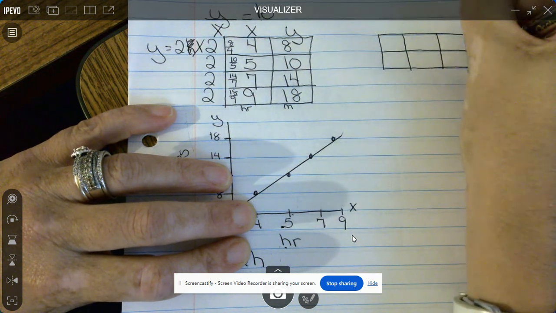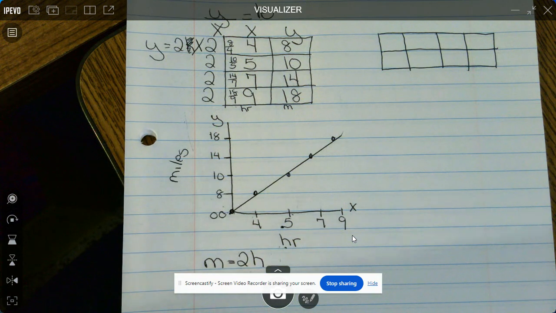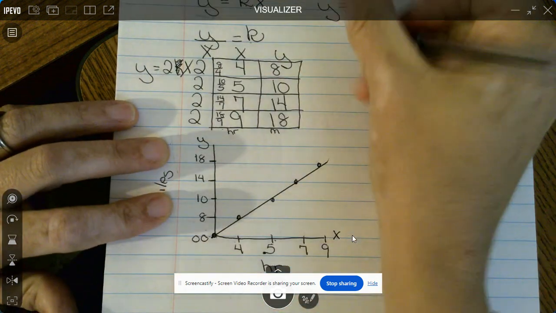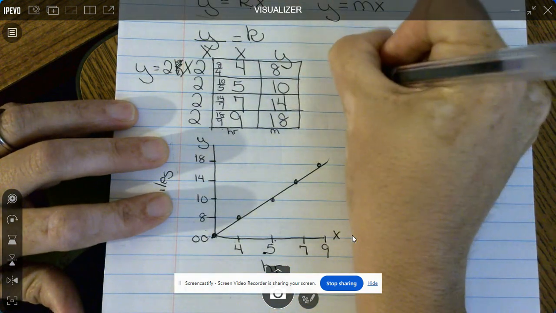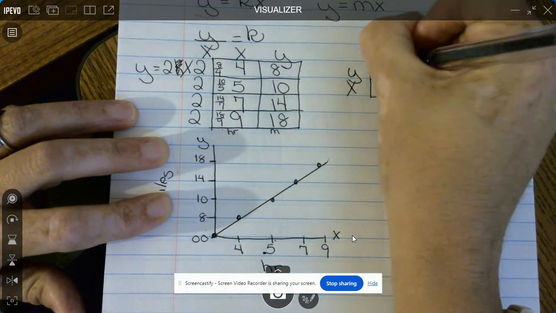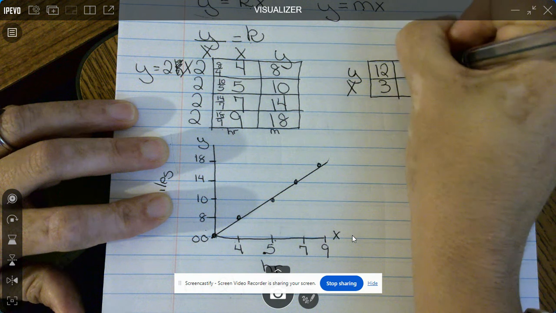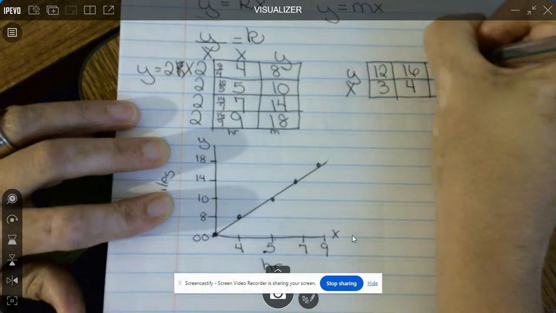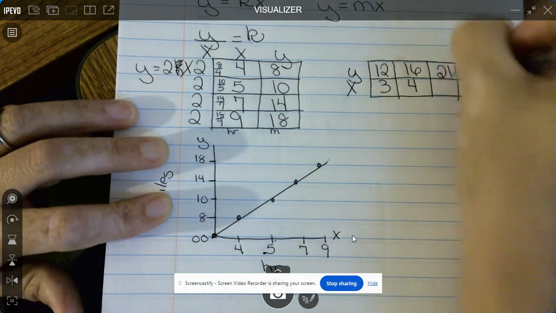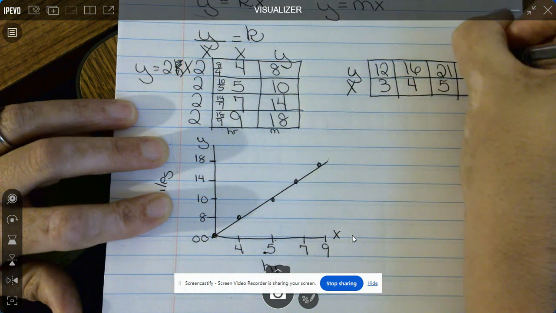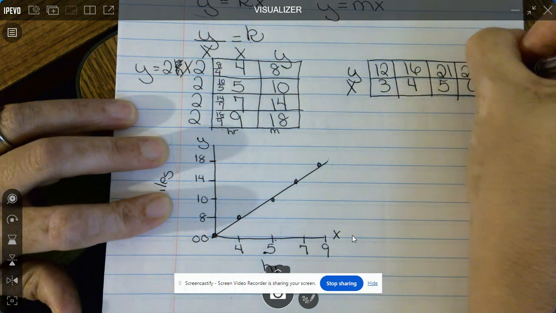So we're doing a different table, and now we're going to look at why things might not be proportional. If this is y and this is x, let's do 12, 3, 16, 4, 21, 5, and 24, 6.